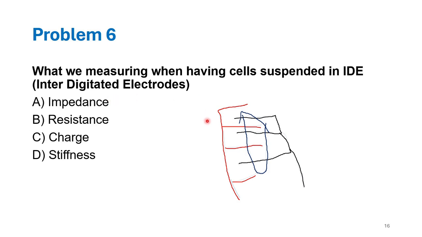Impedance, right? So if we don't have any analyte in between the two electrodes, what will we measure?